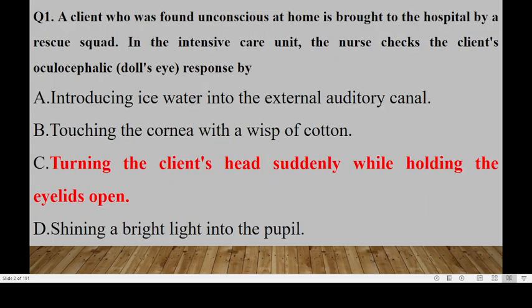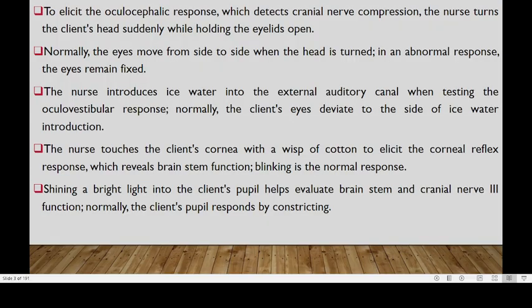You do it by turning the client's head suddenly while holding the eyelids open to elicit the oculocephalic response, which normally detects cranial nerve compression. Normally, the eyes will move from side to side when the head is turned. In an abnormal response, the eyes will remain fixated.